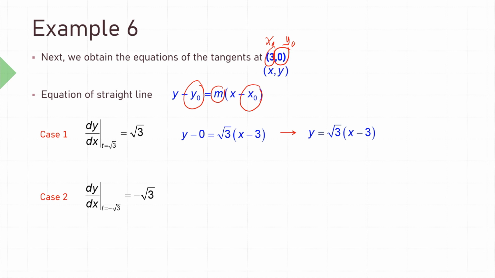So this is the value of m at t equal to negative root 3. Therefore, we substitute inside the formula. Same procedure here: this is the value of m, this is y0, this is x0. So we simplify this equation, we get y equal to negative root 3 in the bracket x minus 3. So now we obtain two equations of the tangents at (3, 0).